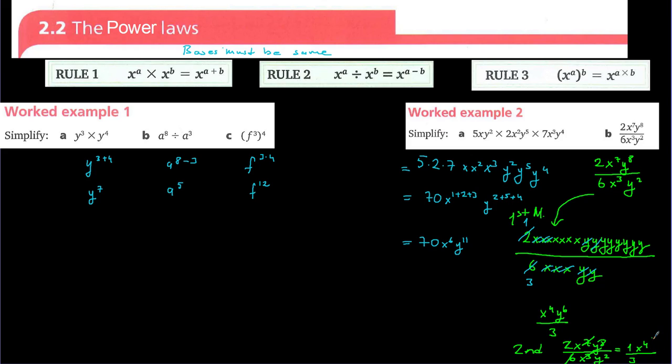It's written up, and then y to the power of 8 minus 2, which is y to the power of 6.